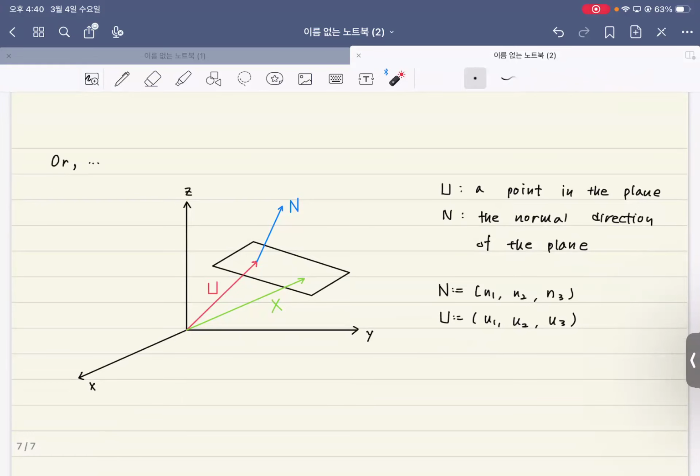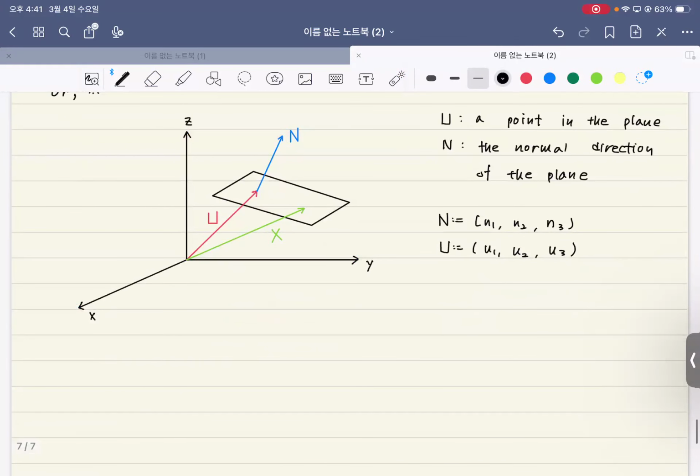Okay, now just choose any random point in the plane, which I will call X. If X, Y, Z is a point in the plane, then this is a very interesting observation.